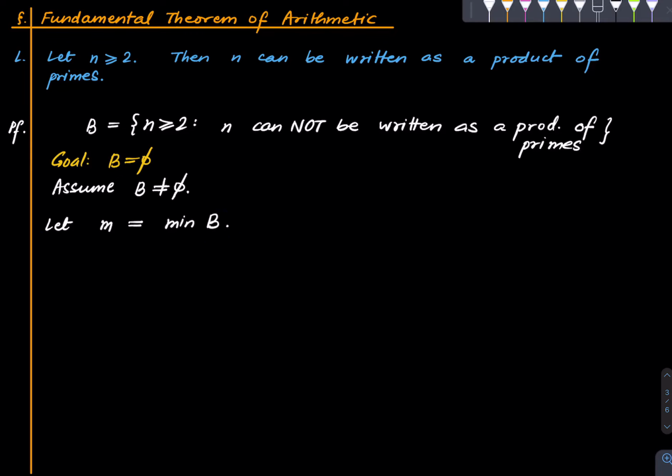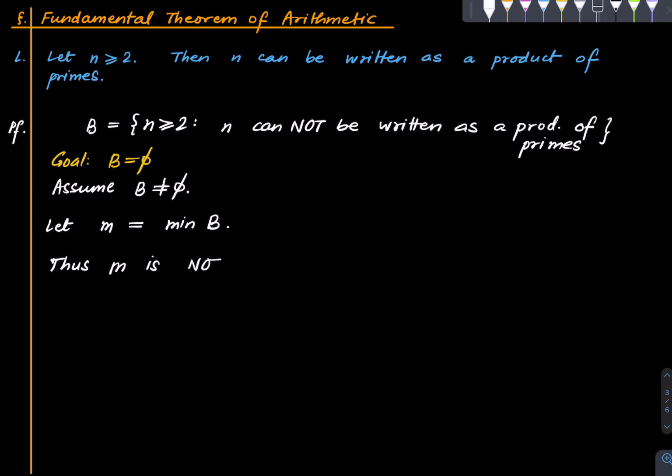So if B is non-empty, then it has a minimum element, and this is where we use the well ordering principle. Every non-empty subset of natural numbers has a minimum element. So m is the smallest bad natural number, and m basically cannot be prime. Thus m is not prime, because m is bad. Primes are not bad.